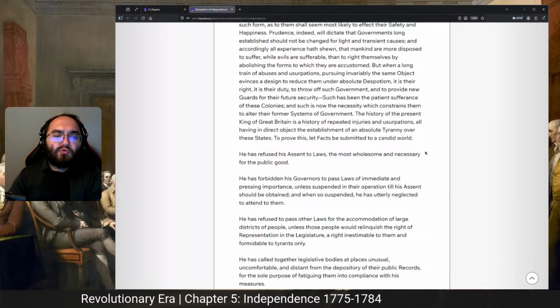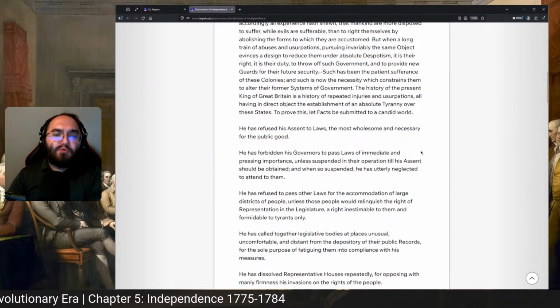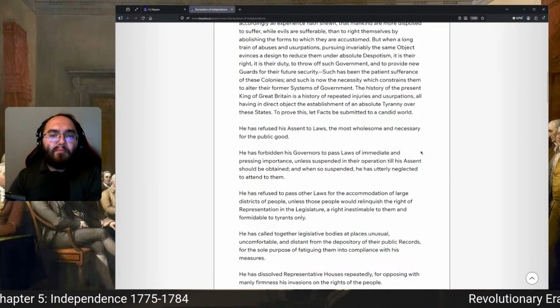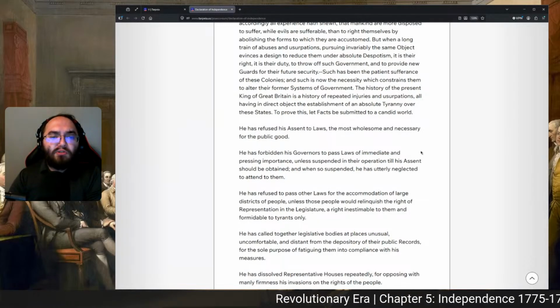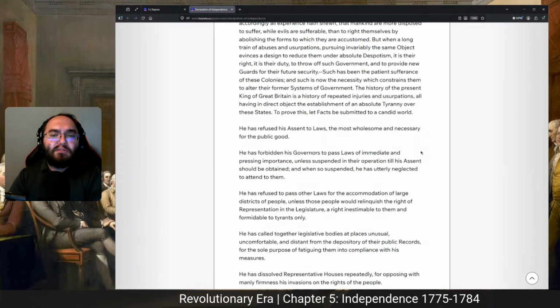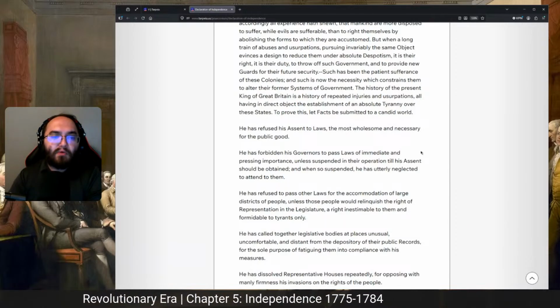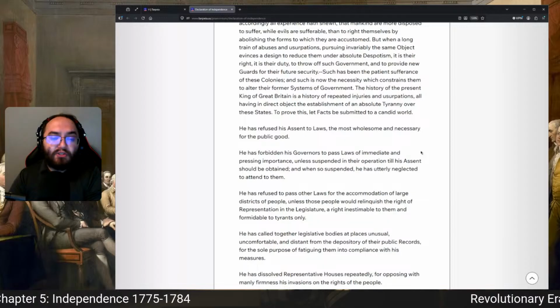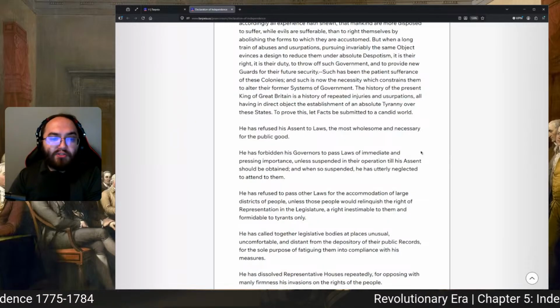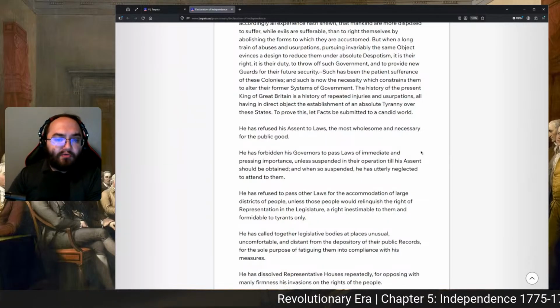But when a long train of abuses and usurpations, pursuing invariably the same object, evinces a design to reduce them under absolute despotism, it is their right, it is their duty, to throw off such government, and to provide new guards for their future security.